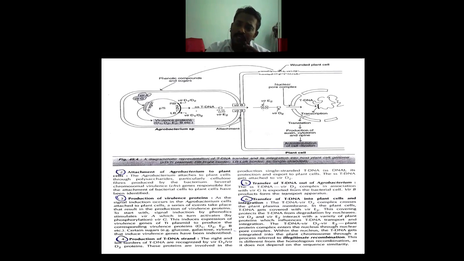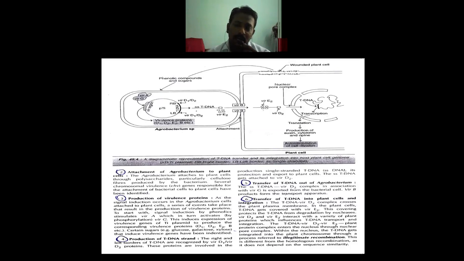The tDNA gets into the nuclear pore complex and is transferred into the plant genome, followed by transcription, translation, and the production of auxin, cytokinin, and opine.